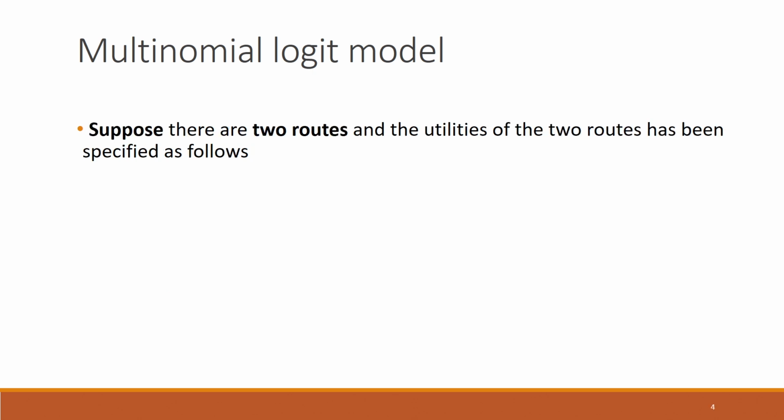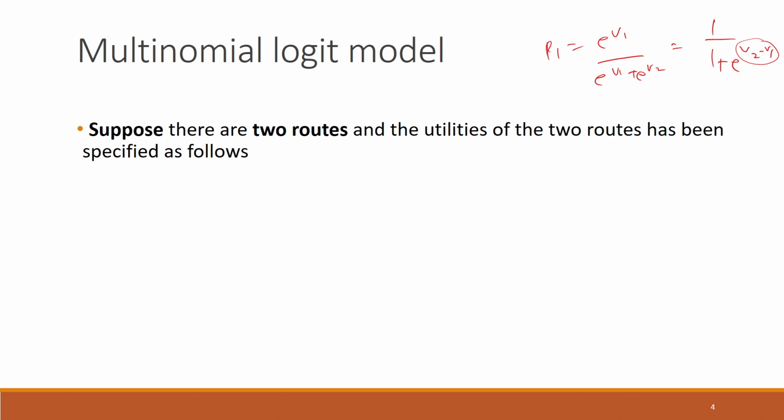What is important here is that p1 is equal to e to the power V1 divided by e to the power V1 plus e to the power V2, and then we have e to the power V2 minus V1 here. So, we see that the probability of choosing the first alternative is only dependent upon this difference V2 minus V1, nothing else.